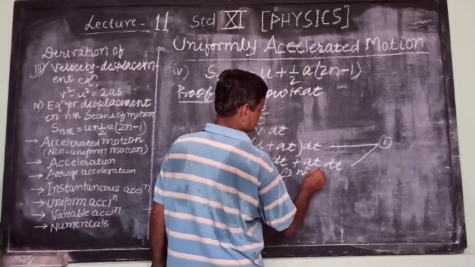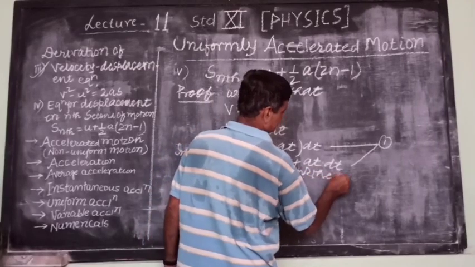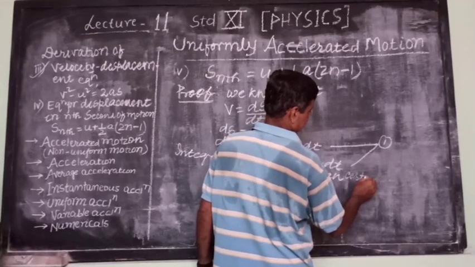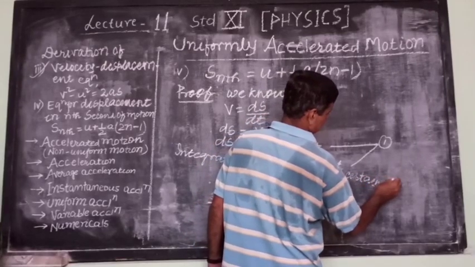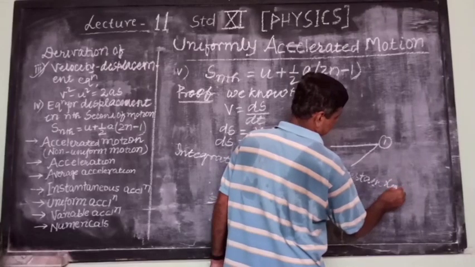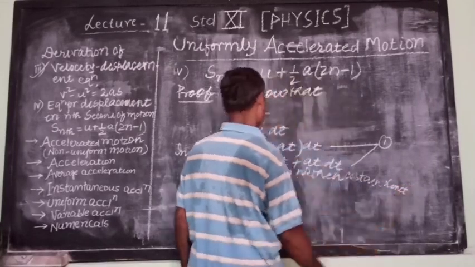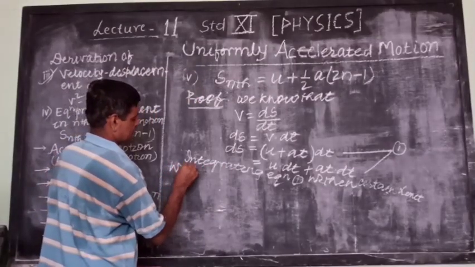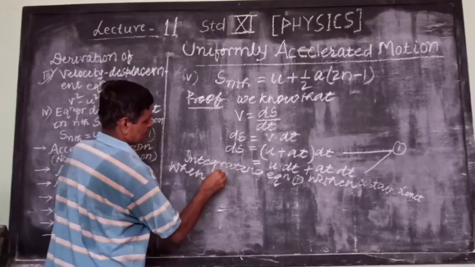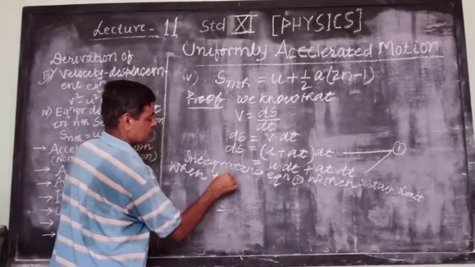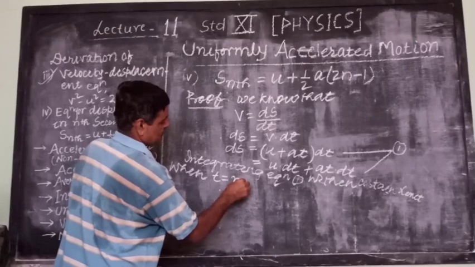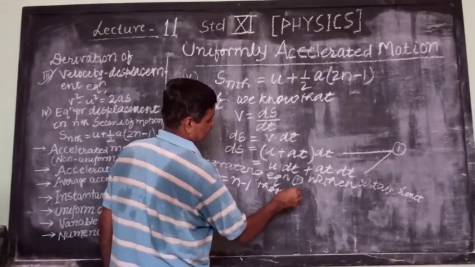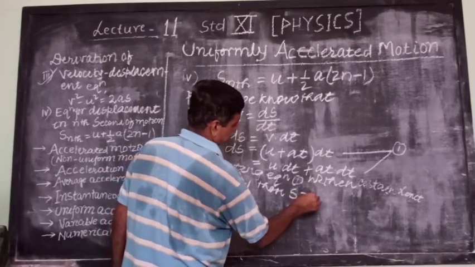Within certain limit, it means when t is equal to n minus 1, then s will be how much?